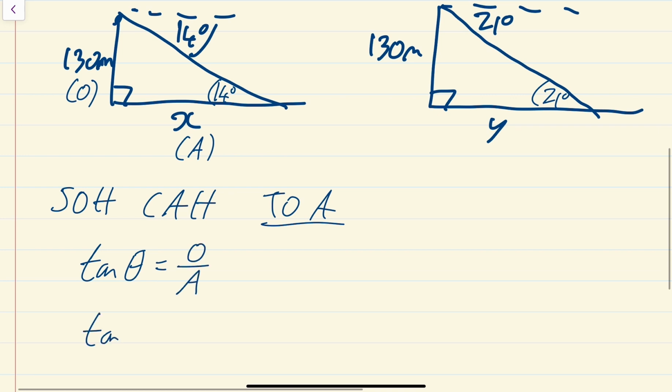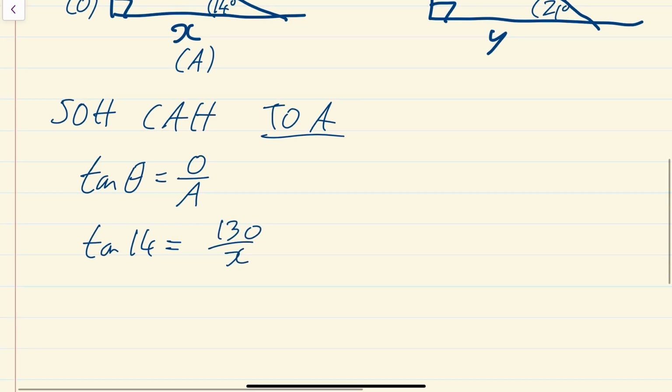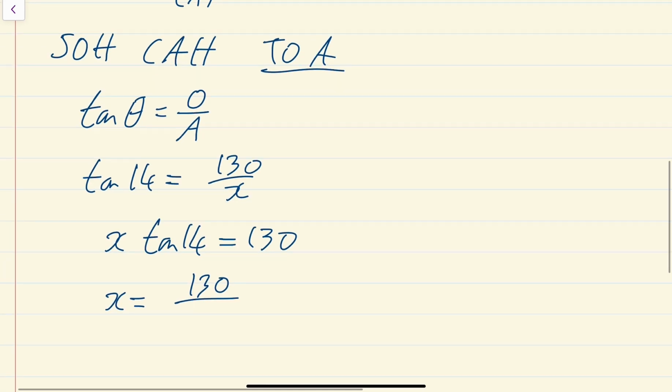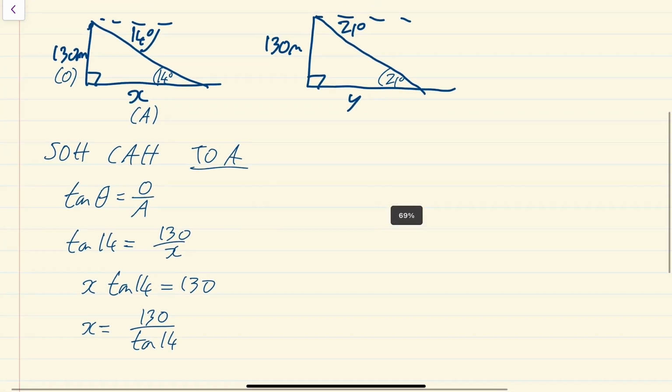In this case, tan of 14 equals 130 over x. Multiply across by your x: x times tan of 14 is equal to 130. x then equals 130 divided by tan of 14. I'm not even going to bother working that out just yet. We're going to have that as the answer at the very end.